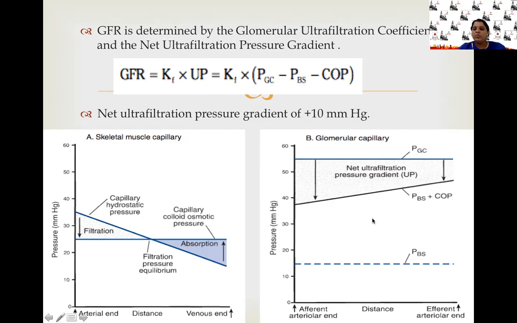From the afferent to the efferent arteriolar end, there is always filtration. Whereas in the skeletal muscle there is a point where the pressures equalize and hence no filtration happens, such a zone is not there in your glomerular capillaries, which is a unique property of the kidney.